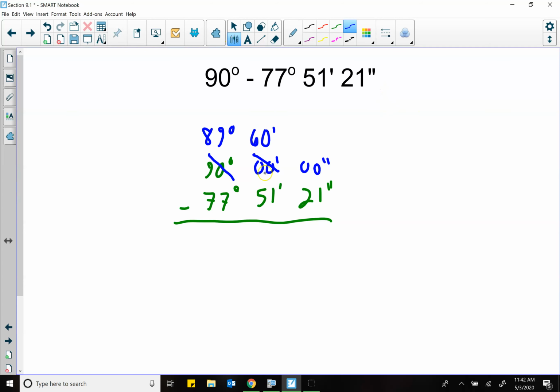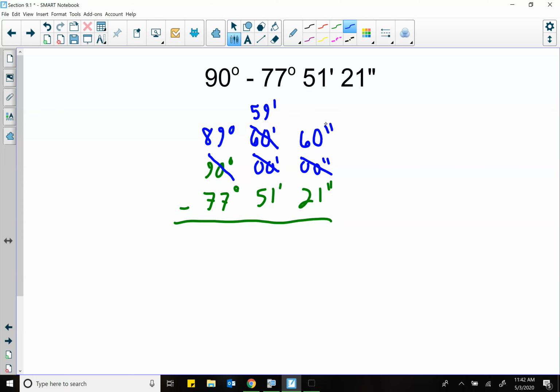Now I know these can subtract, but again, we got to borrow from the minutes to help us with the seconds. So I'm going to take 1 minute, which now makes this 59 minutes, and I'm going to come over here and give that to the seconds. So remember that there are 60 seconds in 1 minute. And now you can do the subtracting.